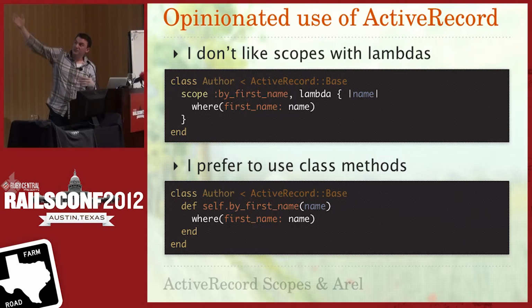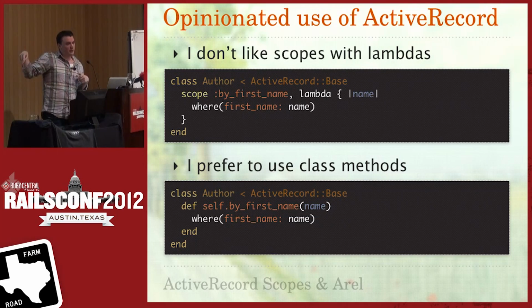In this scenario, we're using the lambda to have an argument. Well, class methods can take arguments, so that resolves that. If you're using a lambda for Time.now or some other kind of time thing, you don't have to worry about it either, because Time.now won't get evaluated until a method actually gets called. So you resolve that issue as well.